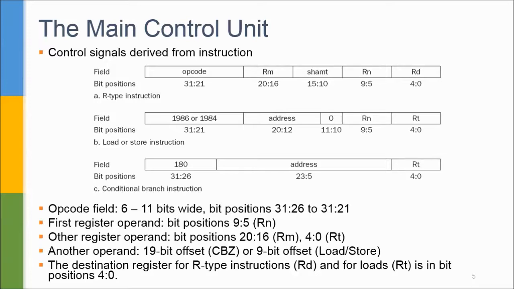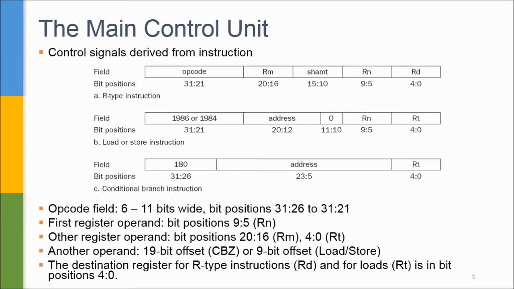So there are several major observations about these instruction formats. Number one, the opcode field is between 6 and 11 bits wide and found in bits 26 to 31 or between bits 21 to 31.